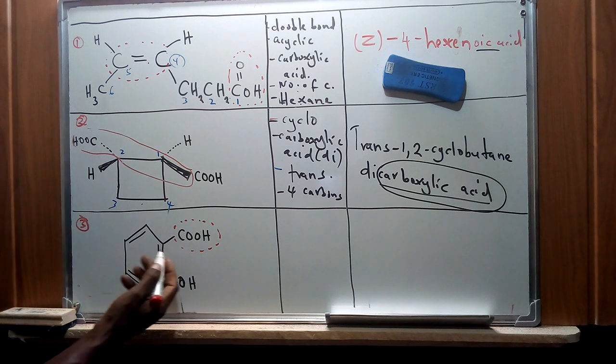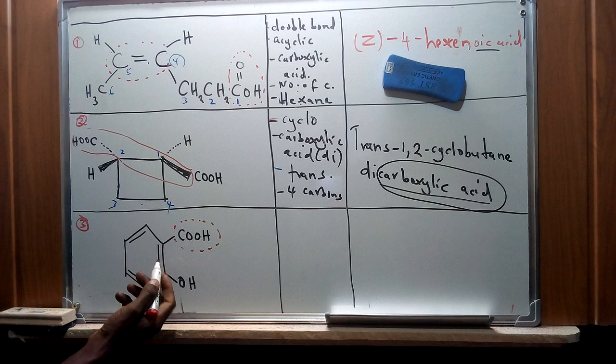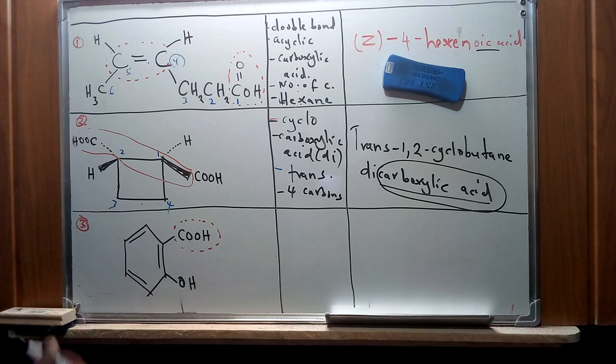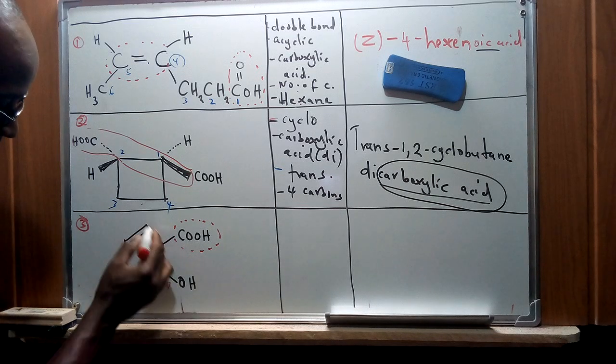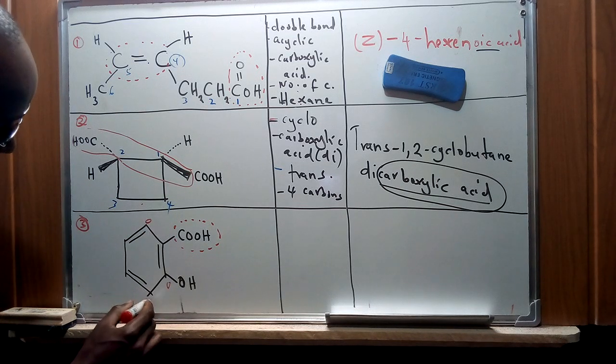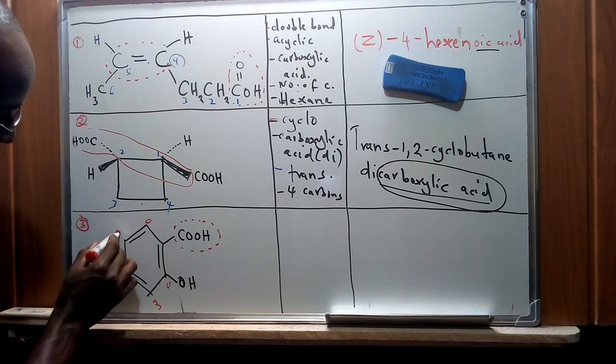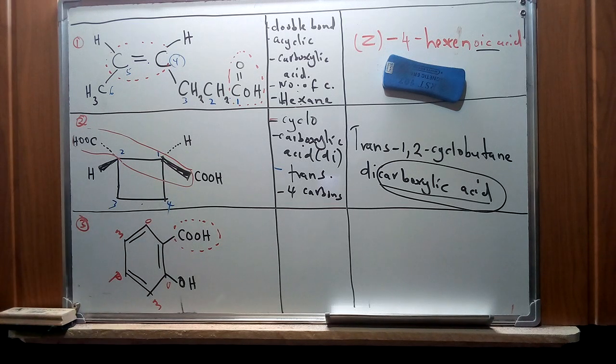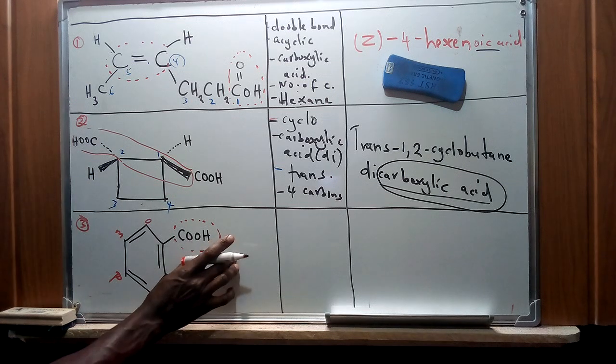As we do the numbering for the benzene molecule, it has specific names for these different points of attachment for the substituents. The first one here is known as ortho, this is known as meta, and this is known as para. These are named with respect to the position of the functional group.